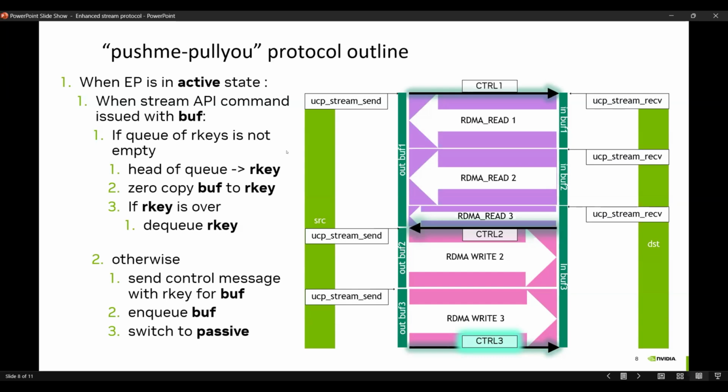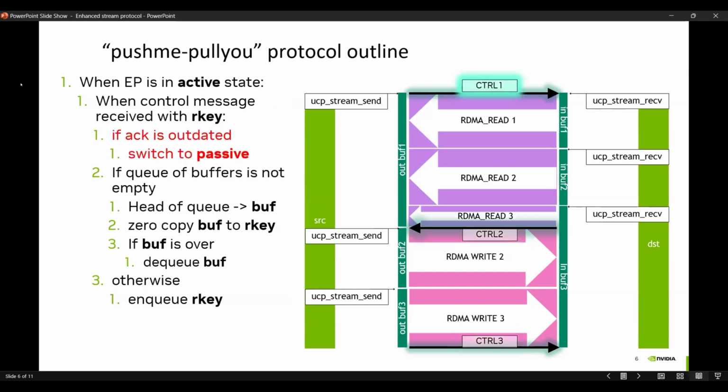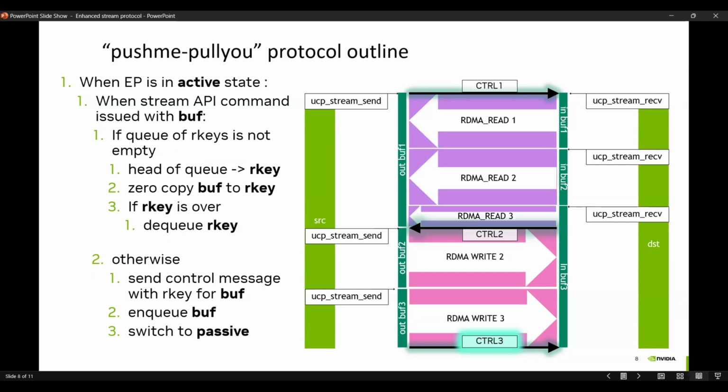We dequeue the ARCI, if we have one received, let's say the one which we enqueued in case we got it and hadn't yet a buffer to store data or transfer data from, depending on whether it's sender or receiver. So in this case, now we have both the remote description and the local buffer. We perform RDMA.